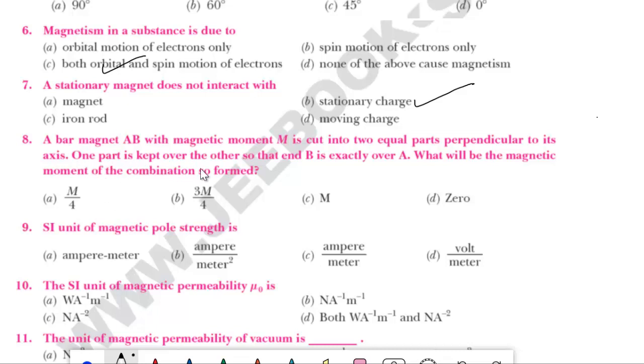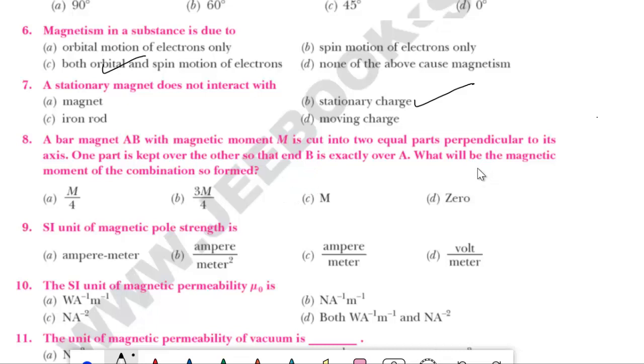One part is kept over the other so that the end B is exactly over A. What will be the magnetic moment of the combination?